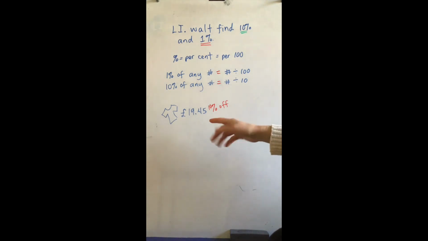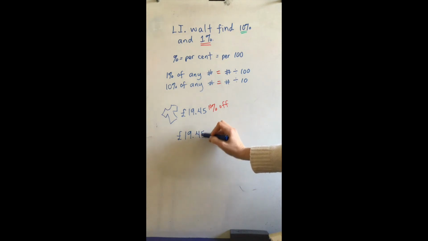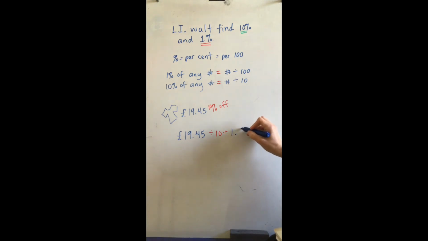What is 10% of 19.45? Easy. We've got 19.45. In order to find 10%, we've told you that you just divide by 10. So I'm going to divide my number by 10, which is going to equal, if I move everything over one decimal place, 1.945, right? And so that is the amount that we have to take off.